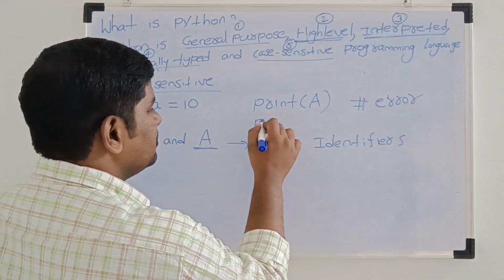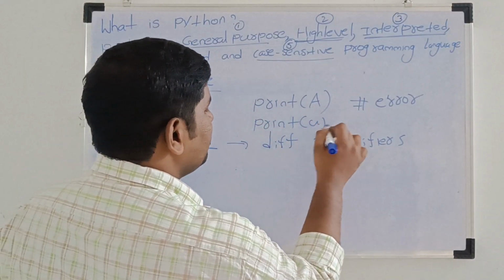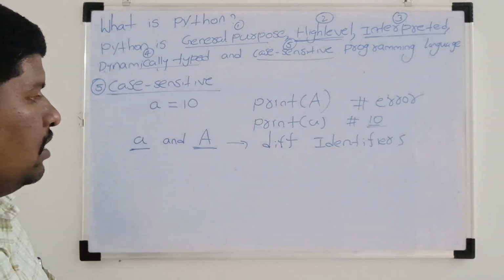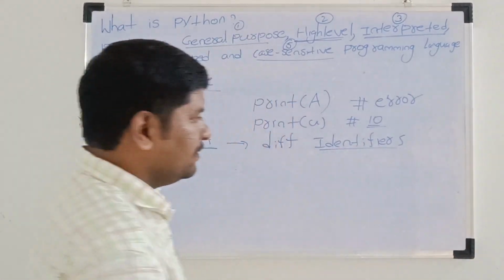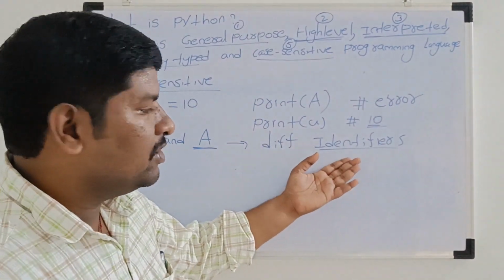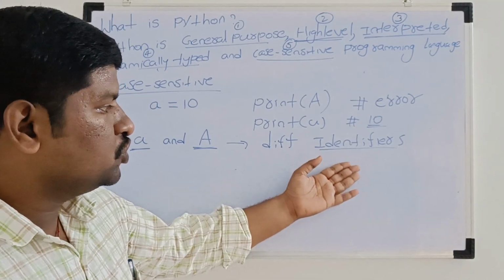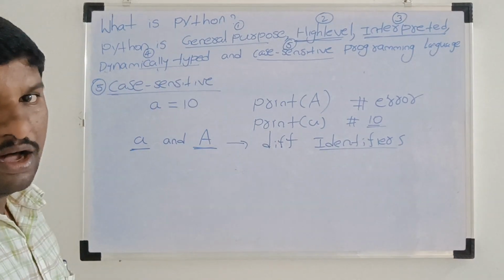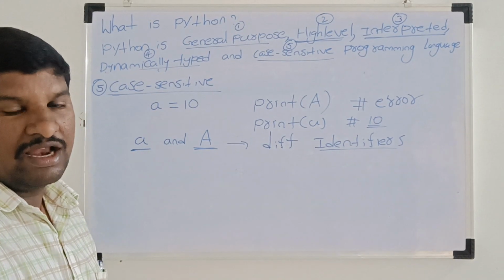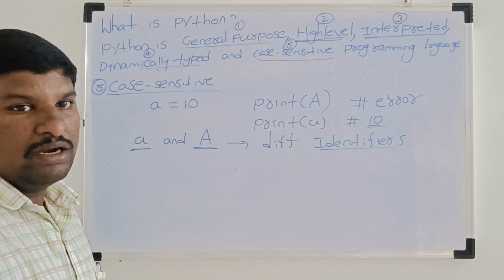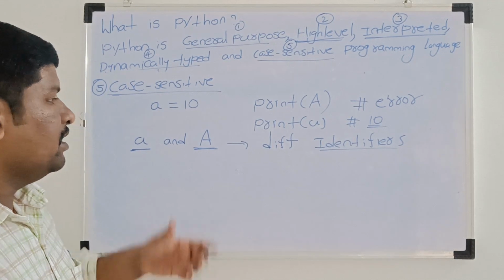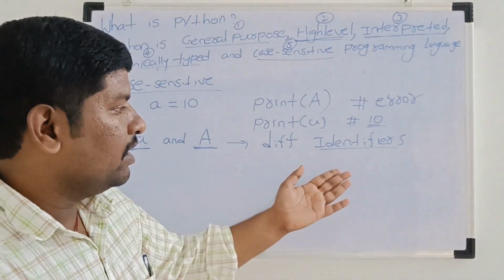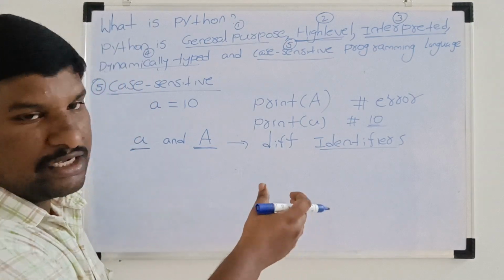The correct one is print a, then it will give an output of 10. An identifier in programming is used to name a variable, function, class, module, or other entity. Identifiers are a special topic, and I will explain them in the next video.